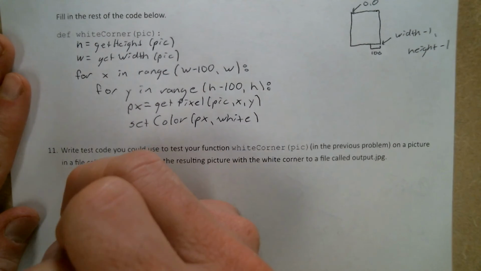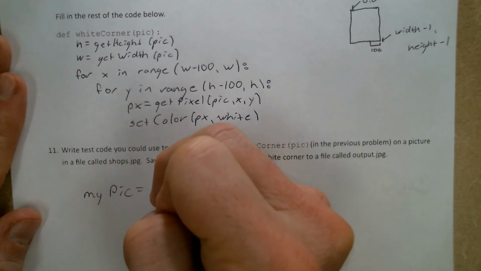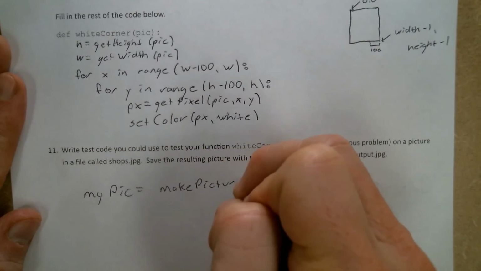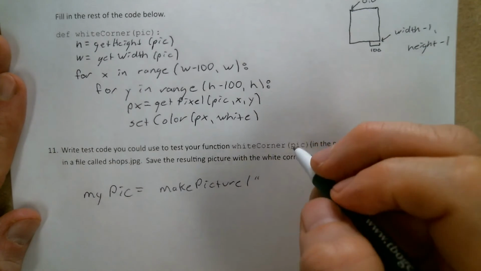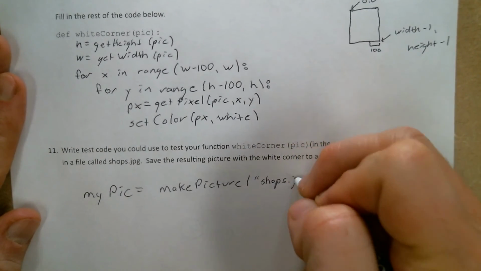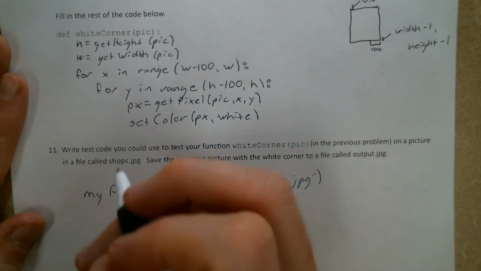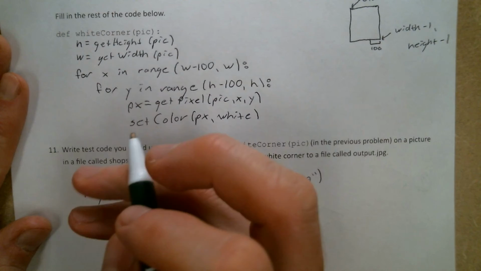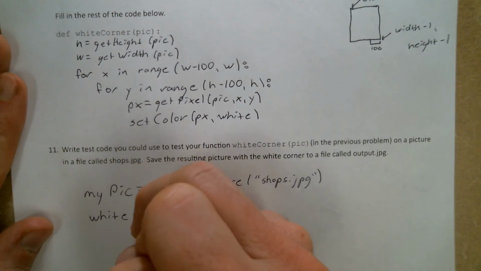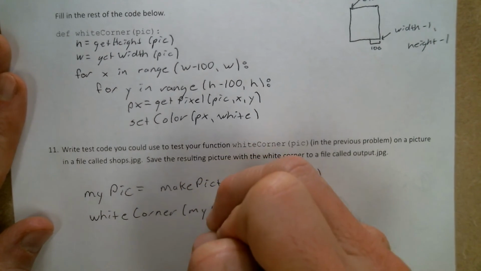So it would just be something like, my pick equals make picture, and the name of the picture file was shops.jpg. All right, we've created the picture object, so now we're going to send that picture object to our function. So I'm going to call white corner, and I'm going to send it my pick object that I just created.